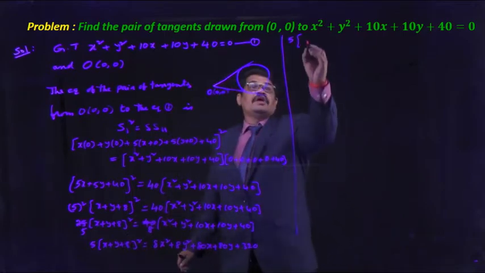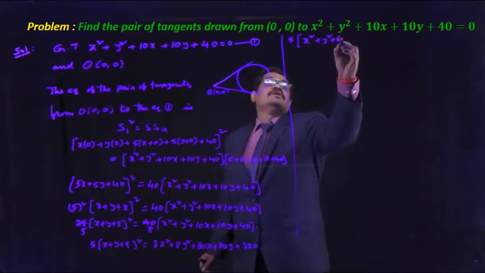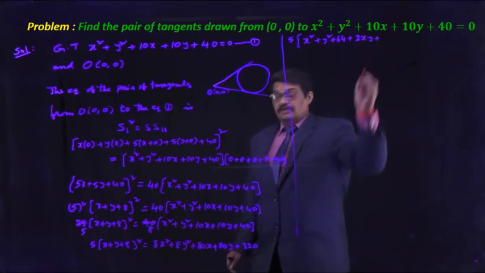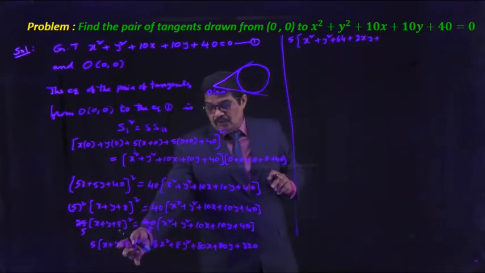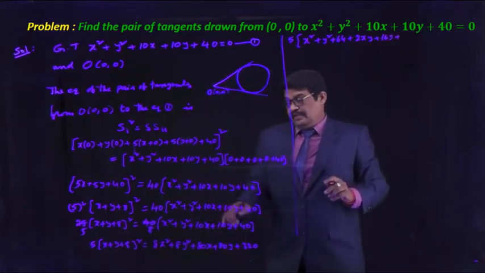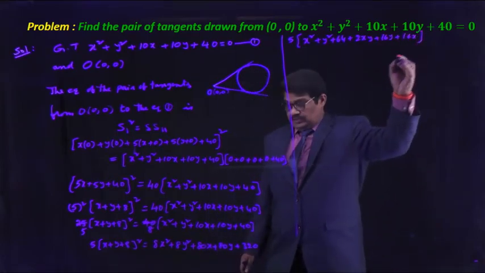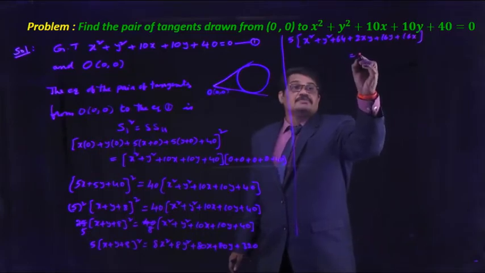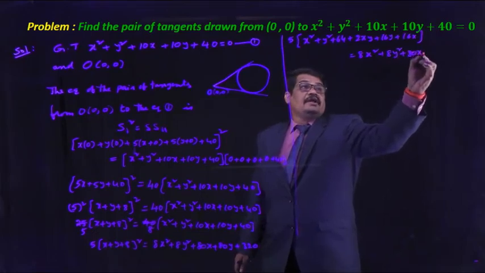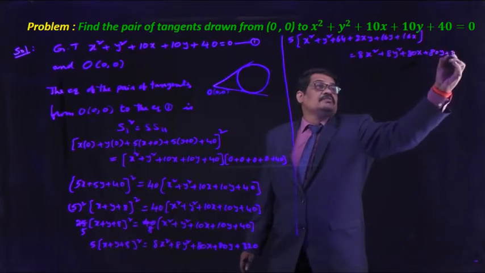What is here? a square, that is x square, plus y square plus 8 square, that is 64, plus 2xy, plus 2 into y into 8, that is 16y, plus 2 into x into 8, that is 16x. Is equal to the RHS terms: 8x square plus 8y square plus 80x plus 80y plus 320.